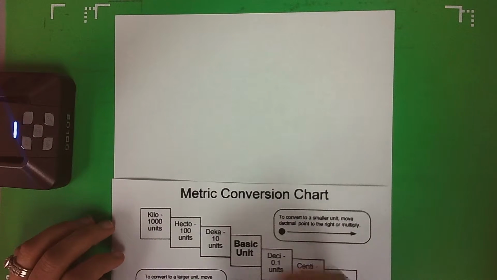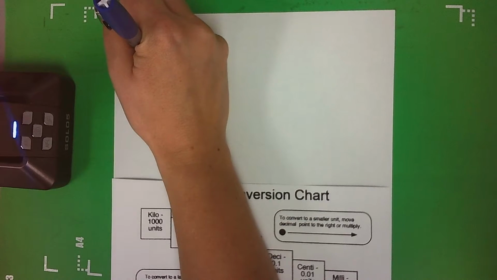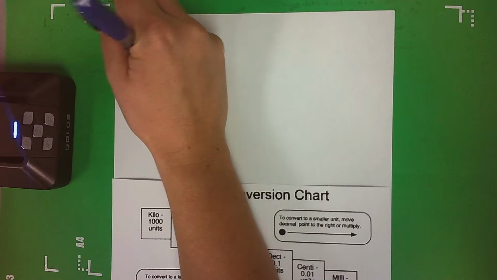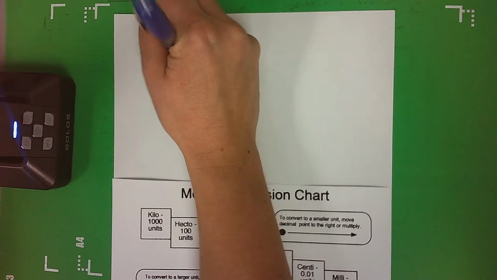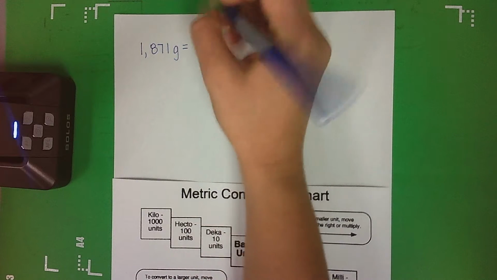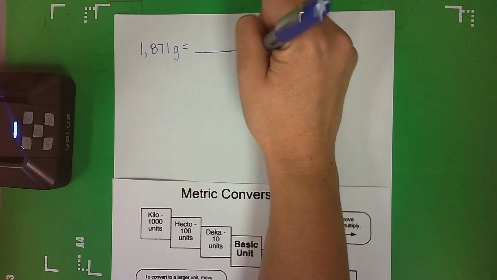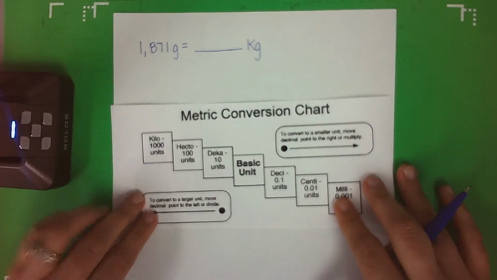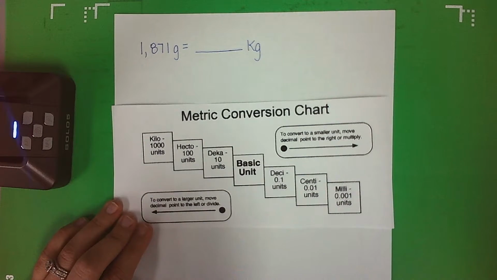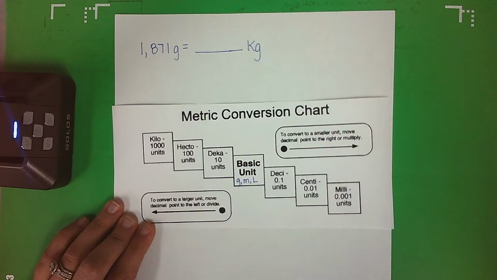Okay, so the first one says you were given 1,871 grams, and they want you to convert that to kilograms. So when you go to this chart, you're going to go wherever you start. So your basic units are grams, meters, and liters.